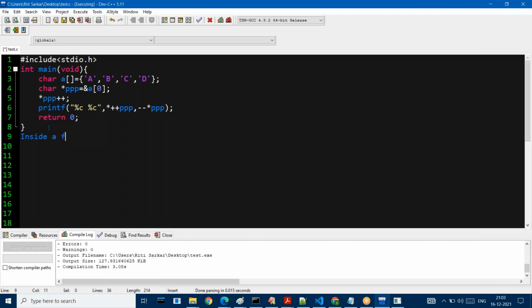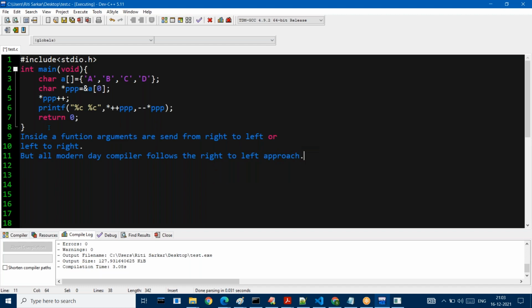Inside a function, arguments are sent from right to left or left to right, but all modern day compilers follow the right to left approach.